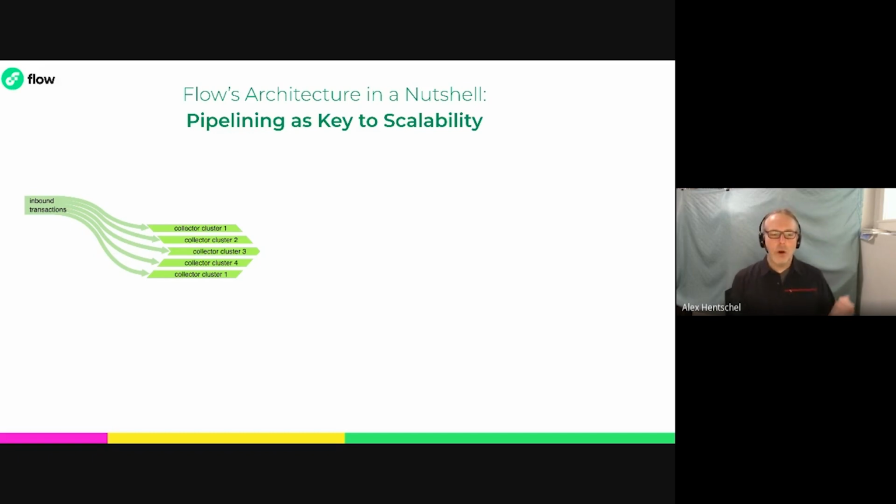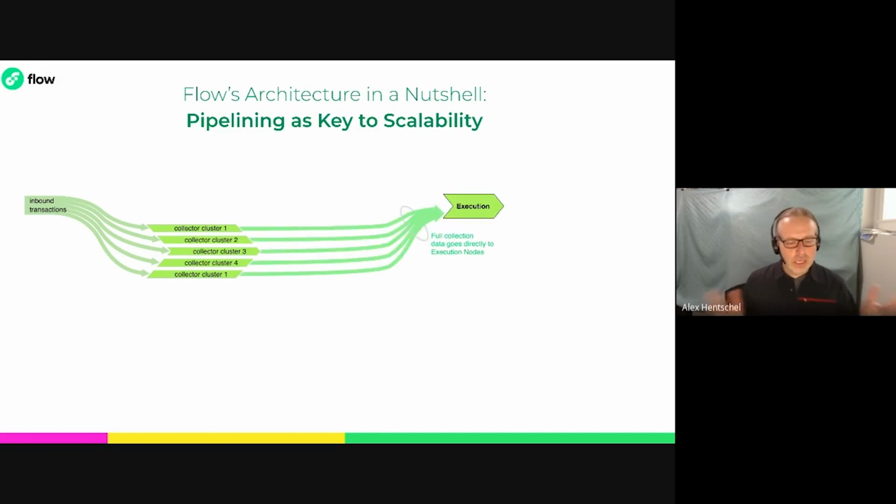Okay, so those collections, the clear text collections, so the full data, go directly to the execution nodes. I'll come back to those in a second. But the hashes of the collections, we call those collection guarantees, go to the consensus nodes.